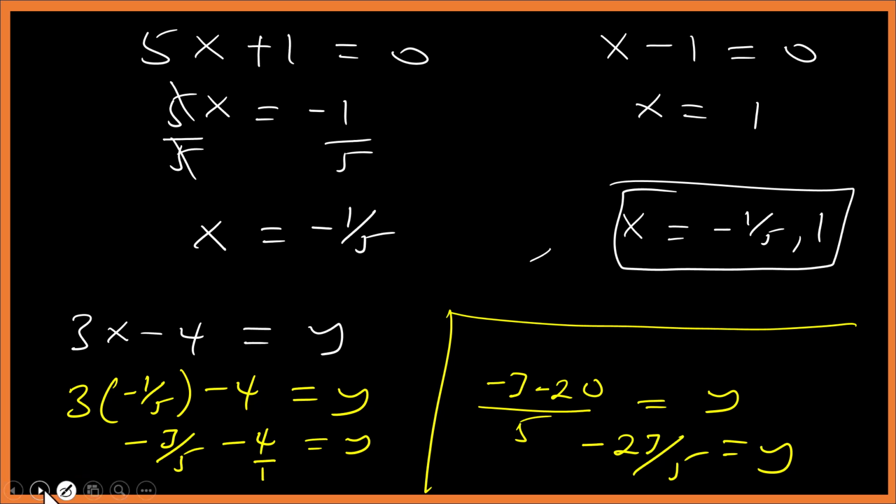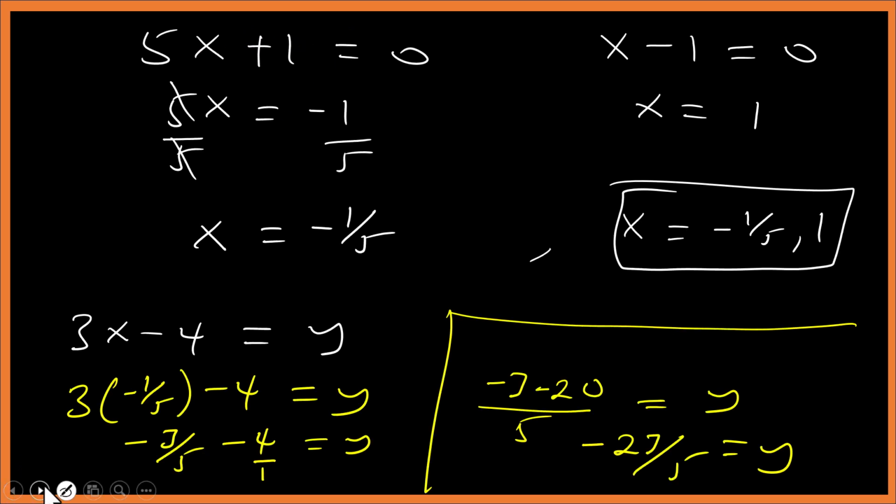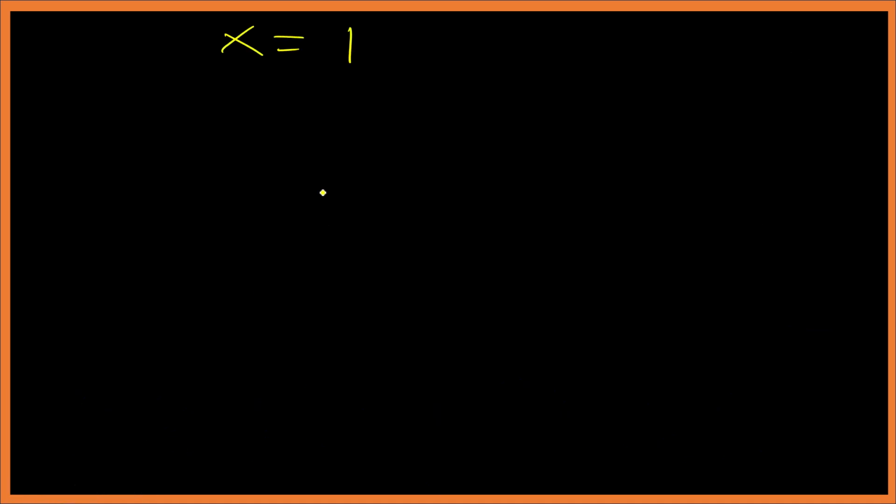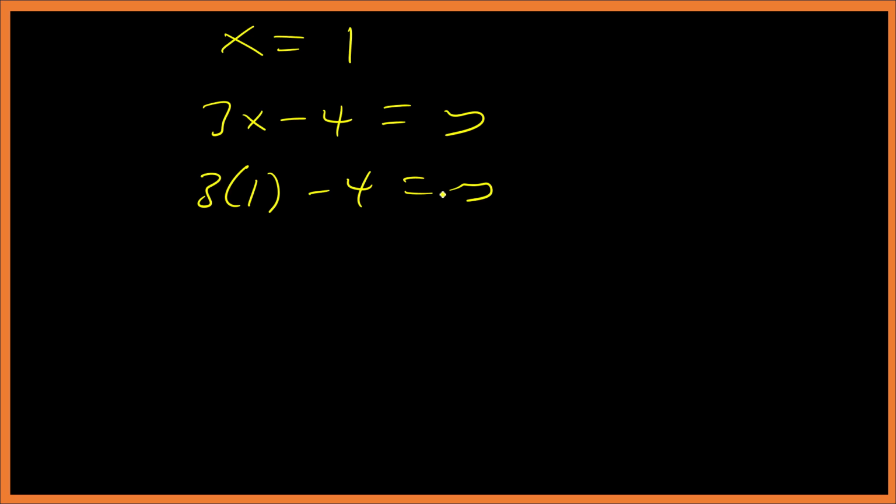Now let's look at the last one, when x equals 1. That will be 3x minus 4 equals y. So when I plug in x, that is 1, we have 3 times 1 minus 4 equal to y.